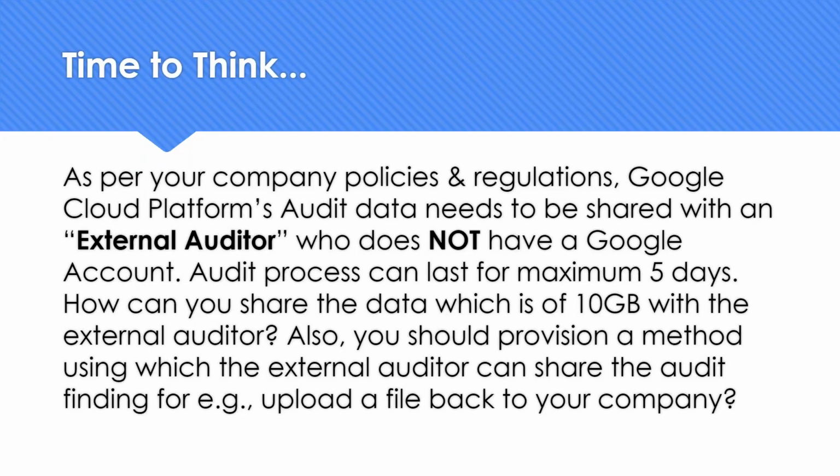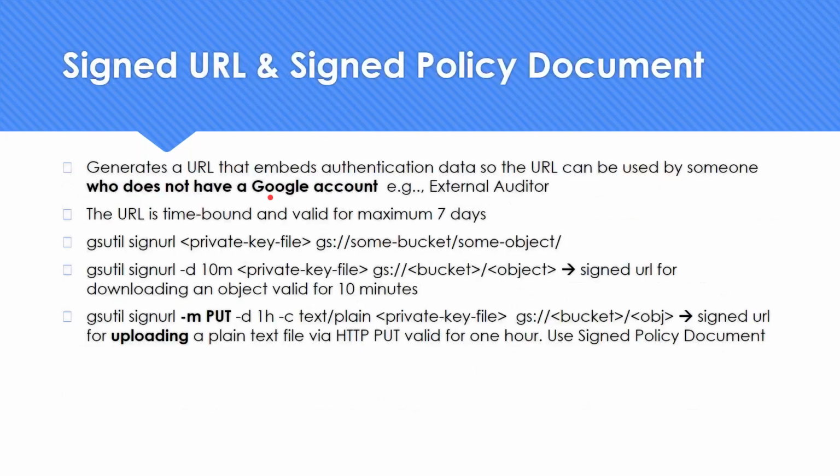But one option which Google provides as a built-in feature, since these are all workarounds we are doing, is called a sign URL, or signed URL. What it does is use the same concept of making the object public, with a URL.